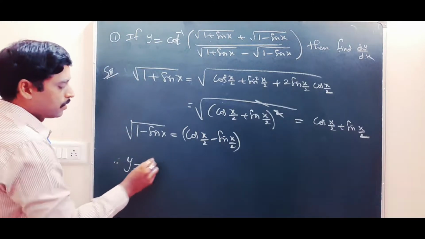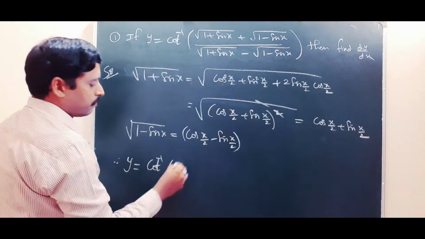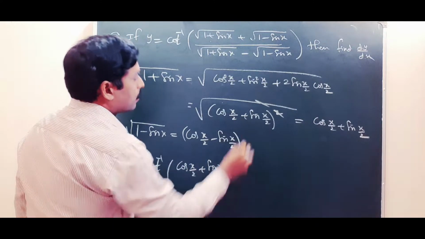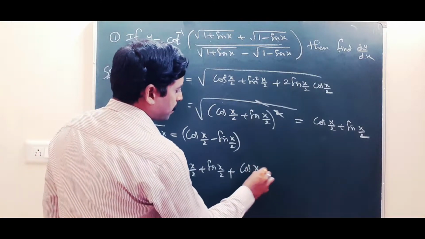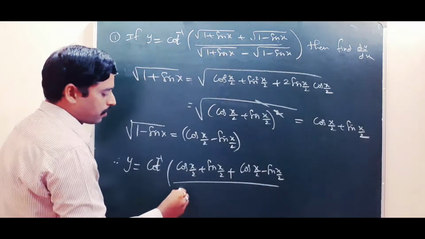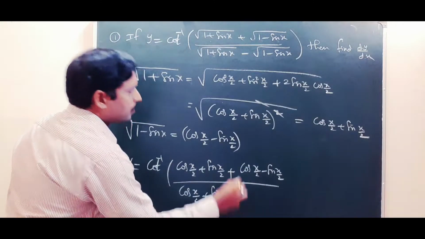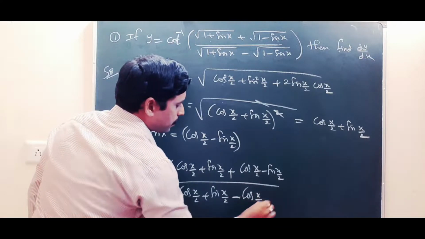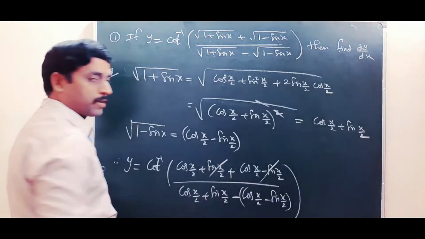The y value given is cot inverse of, root under 1 plus sin x, we have cos x by 2 plus sin x by 2, plus root under 1 minus sin x, cos x by 2 minus sin x by 2, upon root under 1 plus sin x, cos x by 2 plus sin x by 2, minus root under 1 minus sin x, which is cos x by 2 minus sin x by 2.